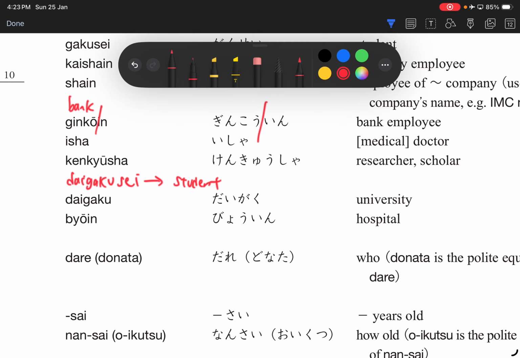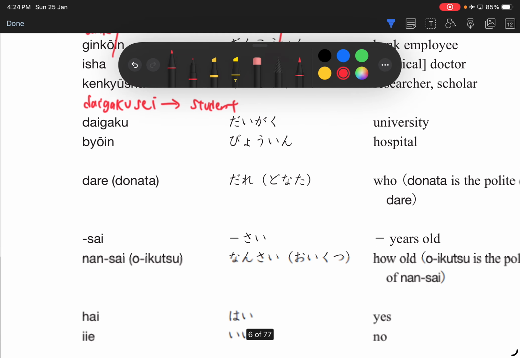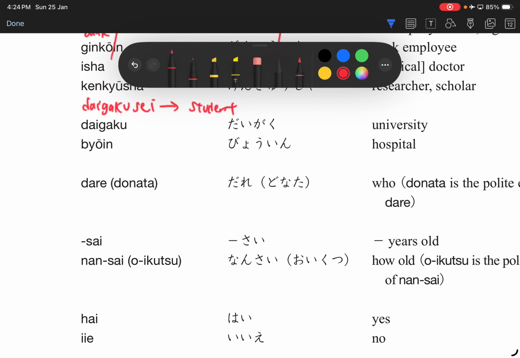Okay, next we have Byoin. Same thing, we have a long OU sound, so please check out the pronunciation. The funny thing is Byoin and Byoin, right? Byoin with the contracted sound becomes salon, like a hair salon or beauty salon.